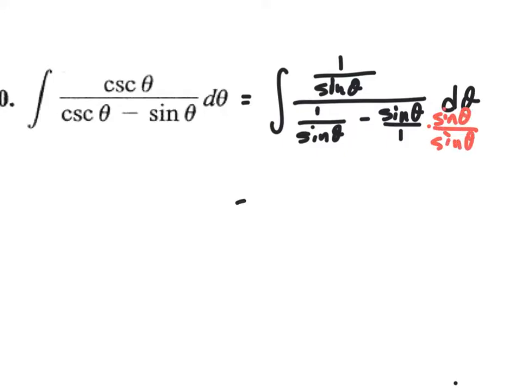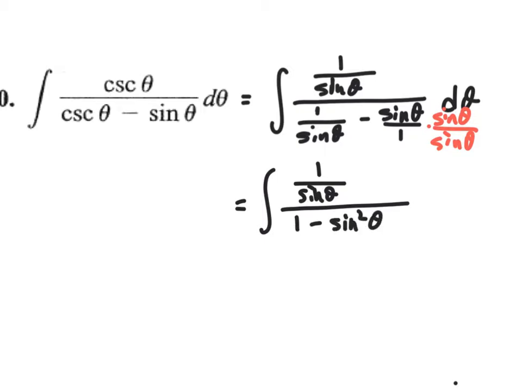This is going to give me the integral of 1 over sine theta divided by 1 minus sine squared theta all over sine of theta d theta, okay? And so let's take a look here.